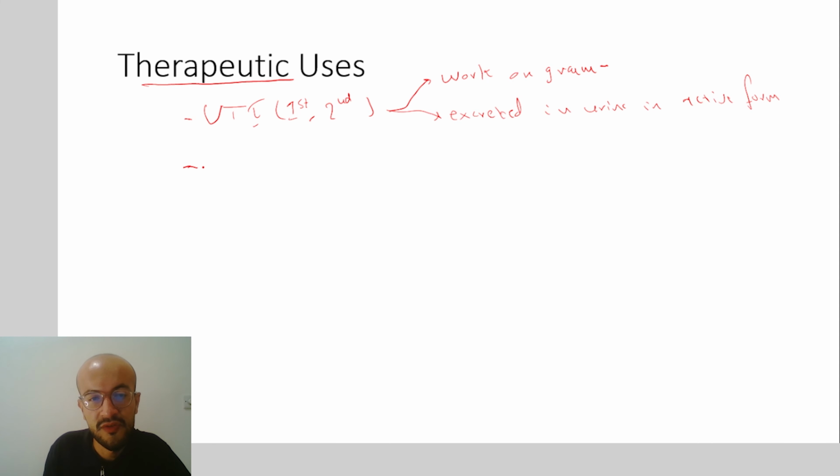They also are used to treat respiratory tract infections, especially the third and fourth generations. We call them the respiratory quinolones because they are very famous in treating respiratory tract infections.